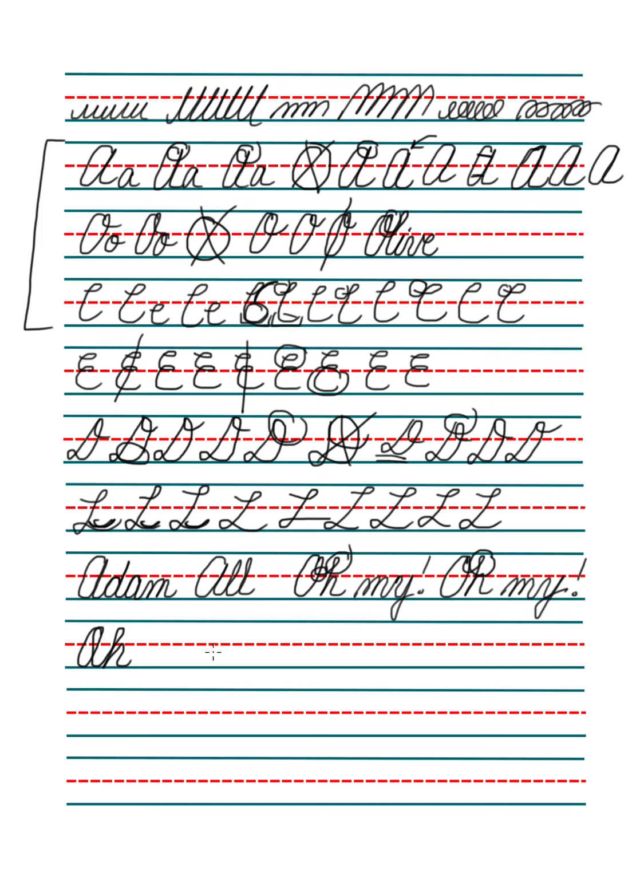Okay, next letter, C. Maybe we want to write chill. Again, it's easy to connect the letter C because it ends at the bottom line. Maybe try another one, like cake.